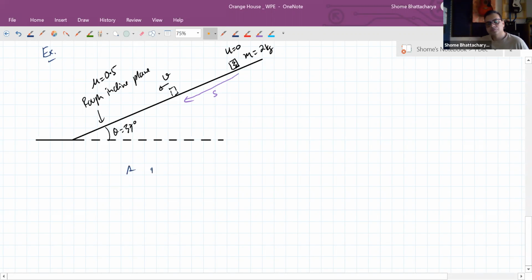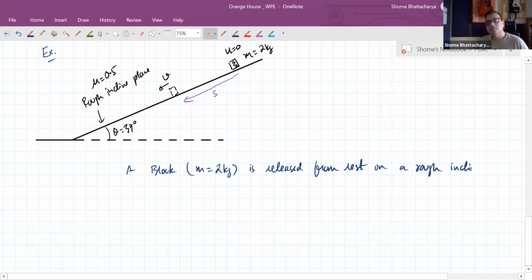So a block of mass 2 kg is released from rest on a rough inclined plane as shown.